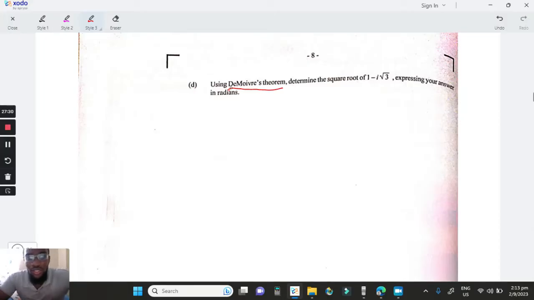No, they say use De Moivre's theorem. So what is De Moivre's theorem? Remember, it tells us that cos theta plus i sine theta, when raised to the nth power, is equal to cos n theta plus i sine n theta.